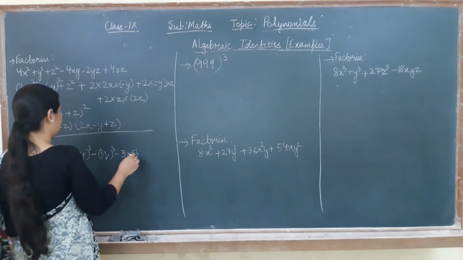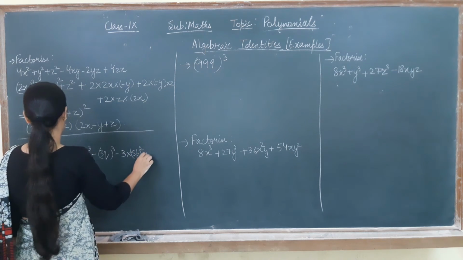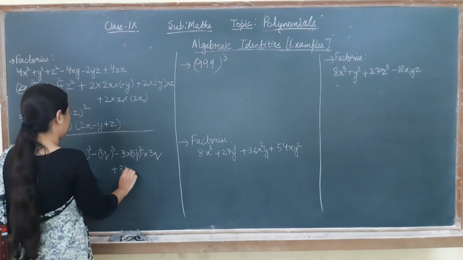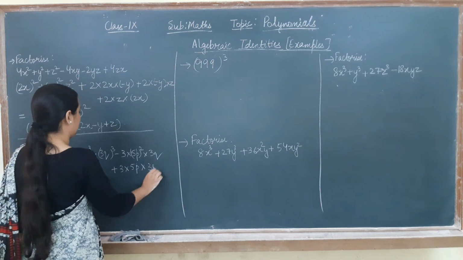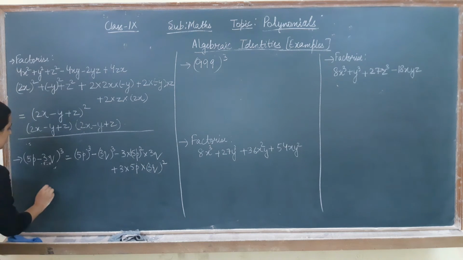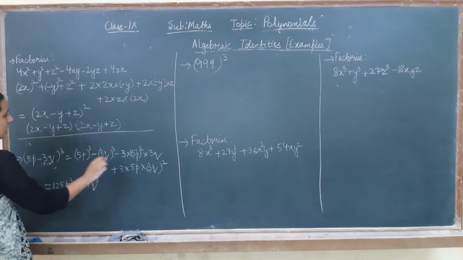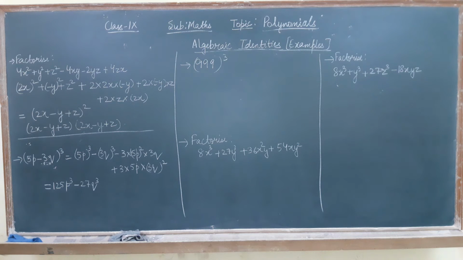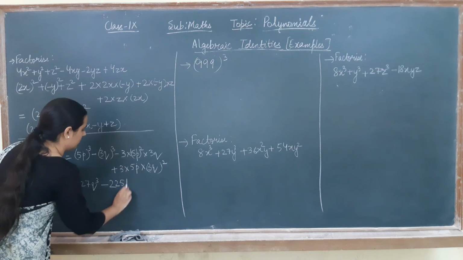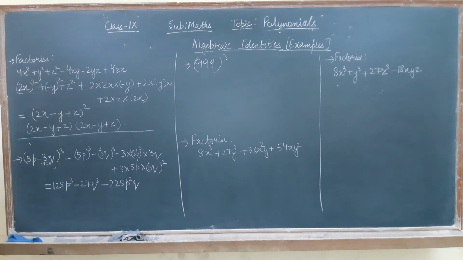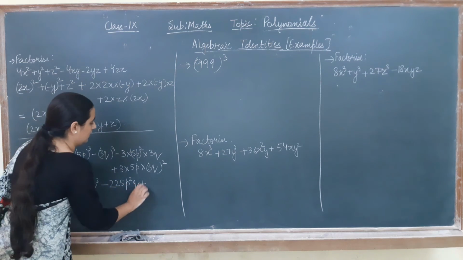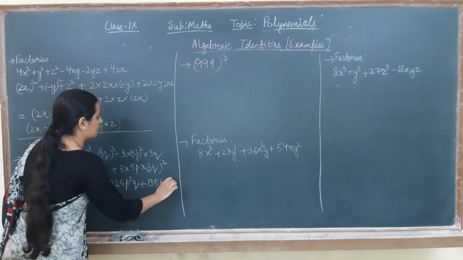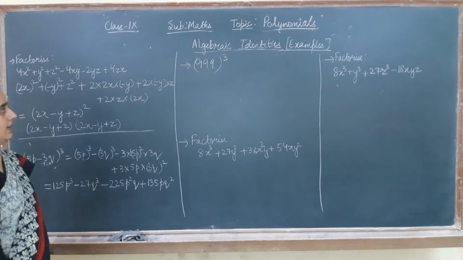So what will we get? 125 p cube minus 27 q cube, and this will be equal to, just try to calculate, 225 p square q, and it will be equal to 135 p q square. Fine. So this was simply for expanding.